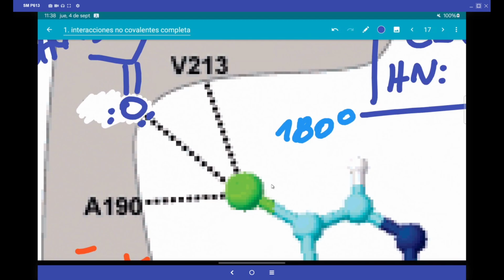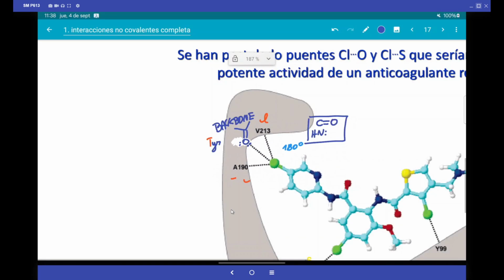Then it could be more than one oxygen at an angle interacting. But these interactions would be weaker because they are not at 180 degrees. So remember, the halogen is large and the sigma hole is large. Sometimes more than one interaction can happen, but one of them is strong and the other weaker. Perfect. Let's go down here now.